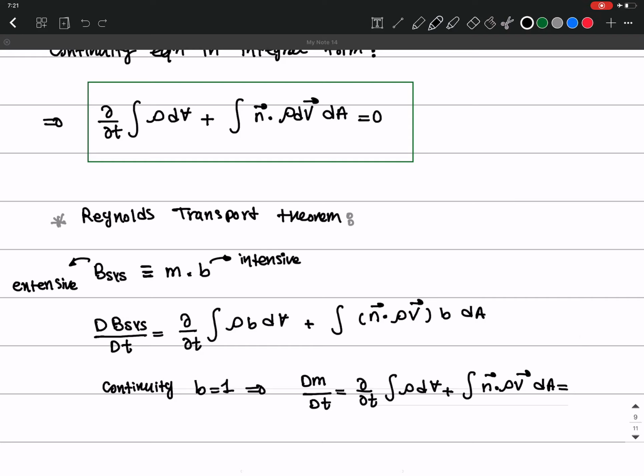So this states that we can just have the continuity equation by having this general theorem, which is Reynolds transport theorem. Okay.